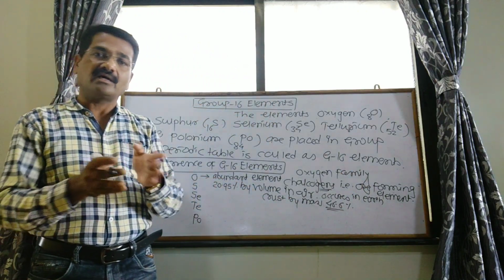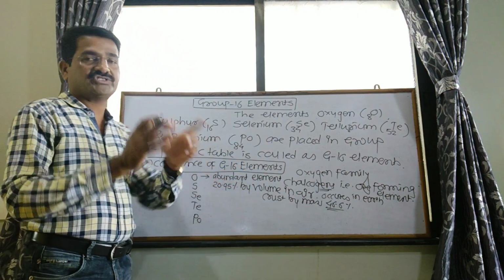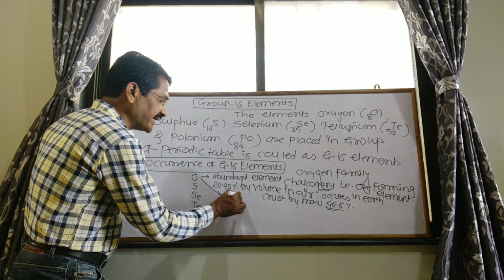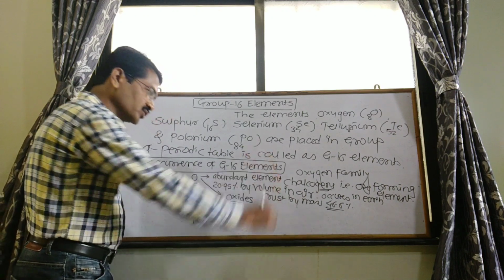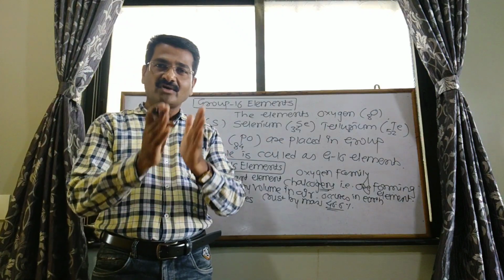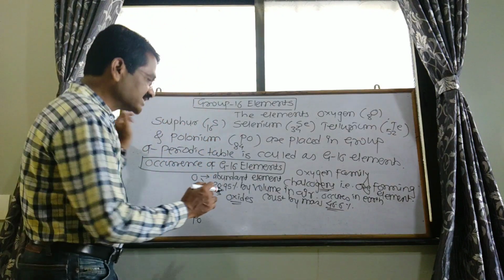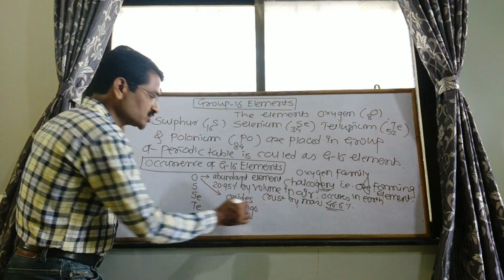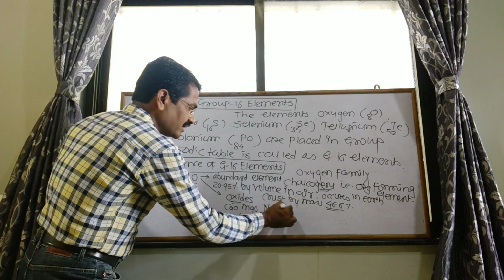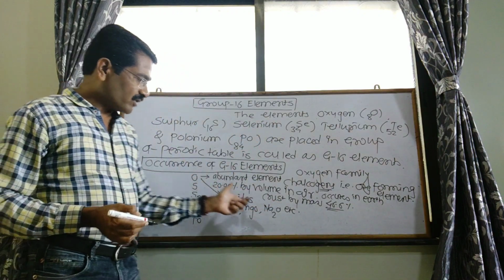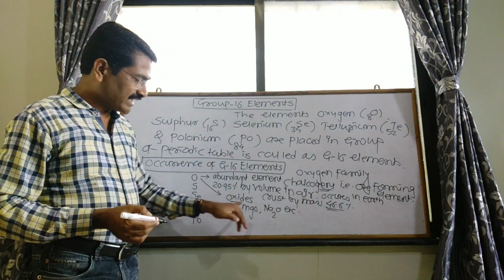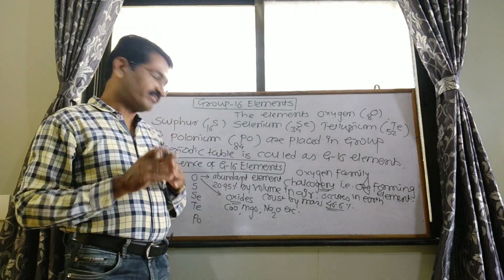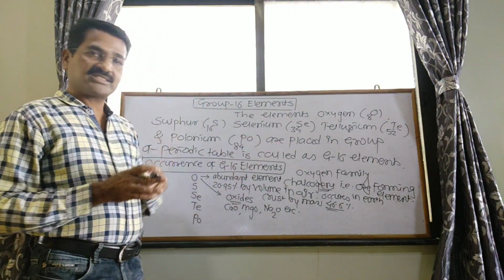Oxygen can also occur in the form of oxides, such as calcium oxide, magnesium oxide and sodium oxide. So this is a rich source of oxygen in the form of different oxides.